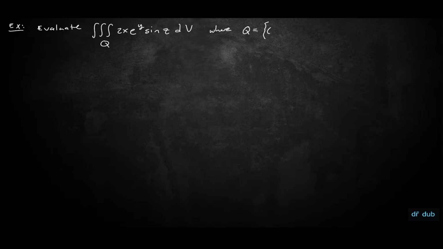where the solid Q is the set of all triples x, y, z such that x is between 1 and 2, y is between 0 and 1, and z is between 0 and pi.